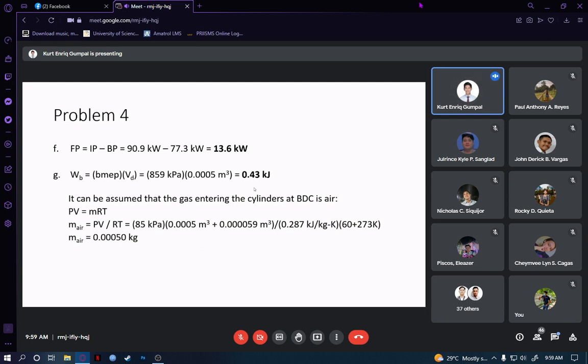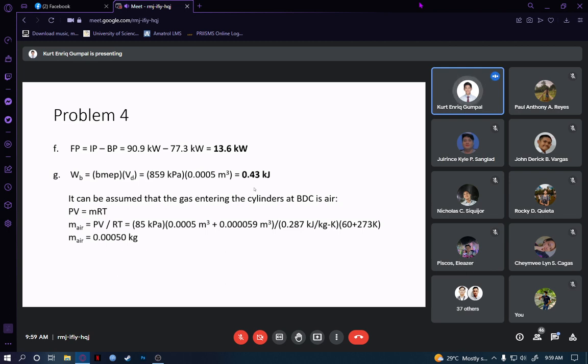Okay? Divided by your R, which is constant, I hope you remember this. Your gas constant is 0.287 kilojoules per kilogram Kelvin. And then your temperature, earlier it was indicated that it's 85 kilopascals at 60 degrees Celsius. So that is 60 plus 273 Kelvin.